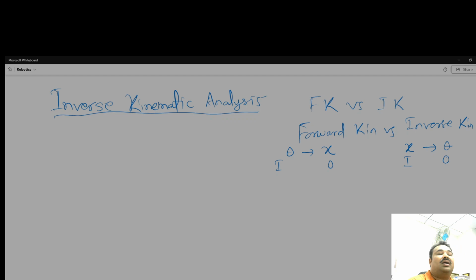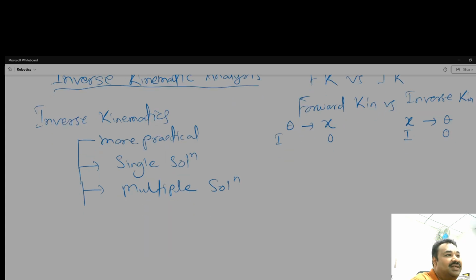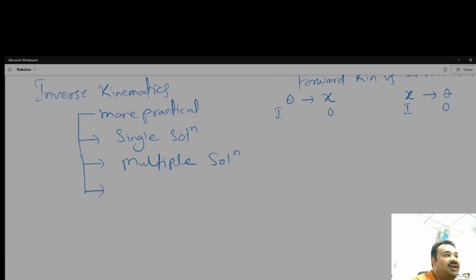And what is the beauty of inverse kinematics? Inverse kinematics is more practical, and it provides either a single solution like forward kinematics, multiple solutions unlike forward kinematics, or no solution unlike forward kinematics.